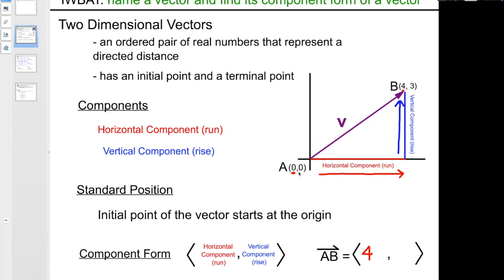This one is going from a y coordinate of 0 to a y coordinate of 3. If we were to count that, that would just be 3. So when it's in standard position, it's really nice because this terminal point gives you the components as well. The terminal point and the component form are exactly the same if it's written in standard form.